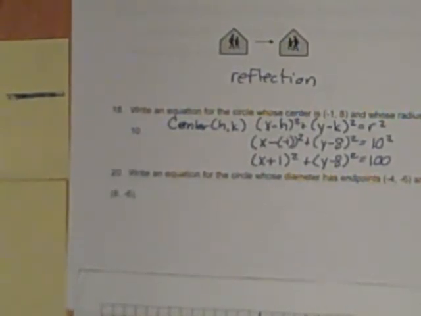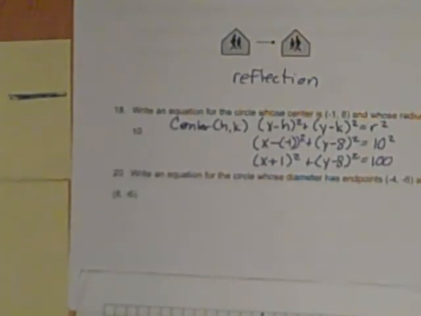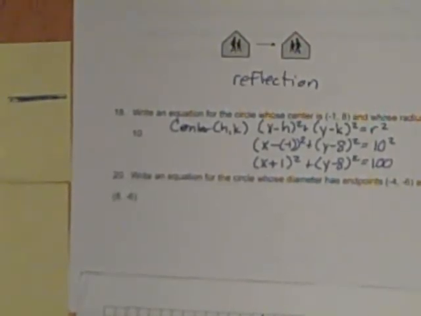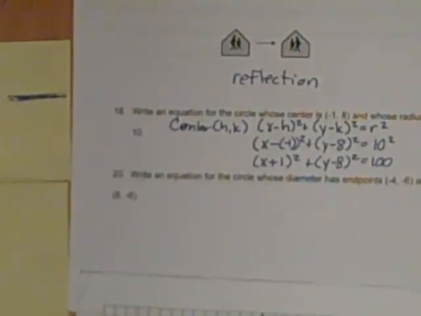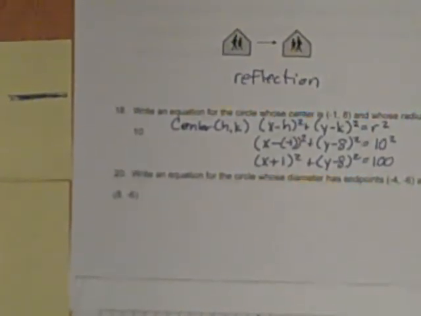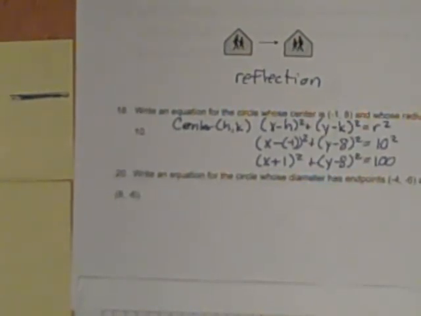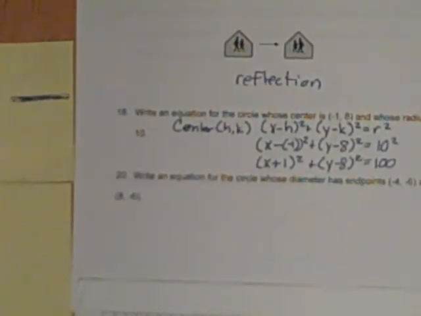Okay. So the diameter has endpoints (-4, -6), 1, 2, 3, 4, 5, 6, right there. That's (-4, -6), and (8, -6), 1, 2, 3, 4, 5, 6, 7, 8, 1, 2, 3, 4, 5, 6. This is (8, -6).